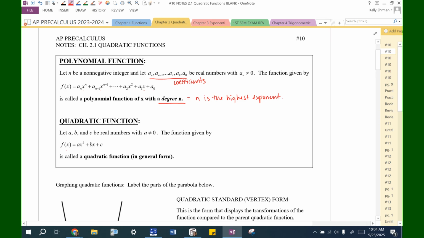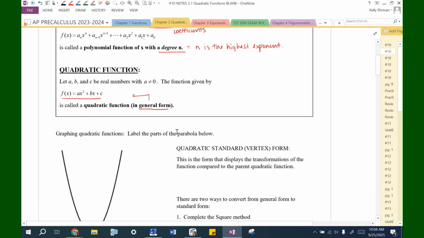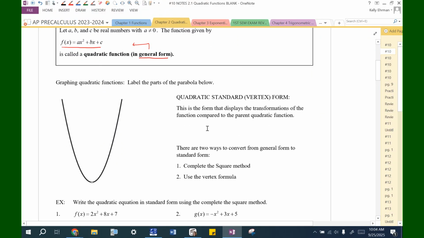So here's a quadratic function in its general form, ax squared plus bx plus c. We're focusing today more on the equations in their vertex form. So take a look at this parabola. Let's label the parts of the parabola. Down here is the vertex.